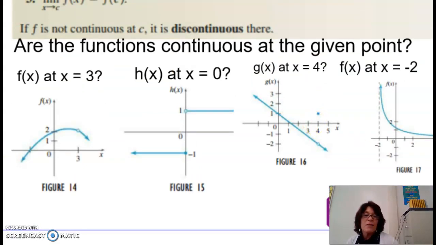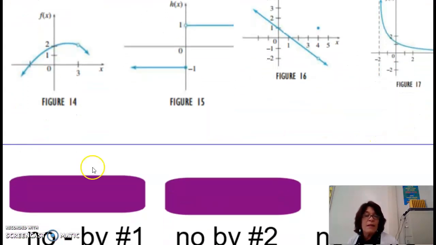And then this last one, are the functions continuous at a given point? At x equals negative 2, this asymptote. Basically there is no f of negative 2. There's no point at negative 2. So this one also fails by number 1.